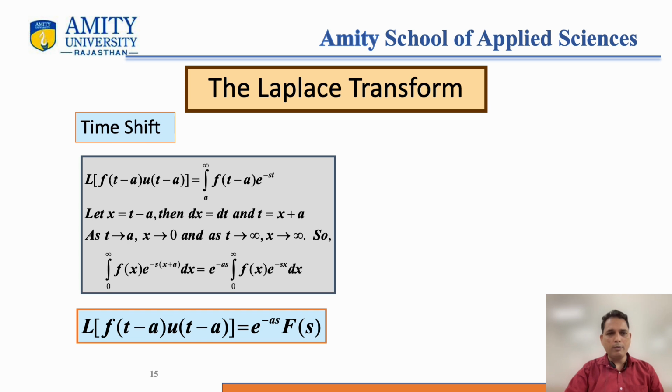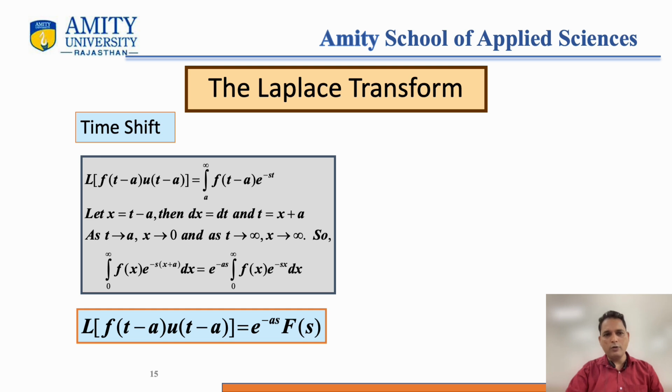So, if we put it using this formula, the Laplace transformation runs from 0 to infinity of e^(-st) f(t) dt. But in this case, your limit will be split into two parts, 0 to a plus a to infinity. In 0 to a, your answer will be 0, so the limit remains only a to infinity, as you have seen in the first line of the equation.